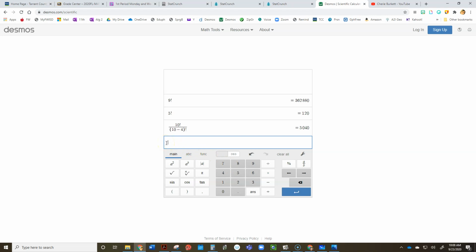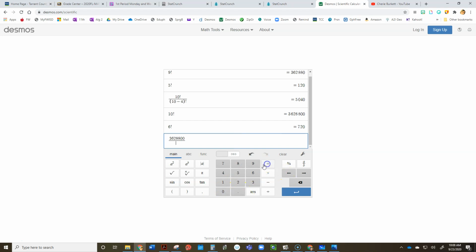Or if you wanted to see what 10 factorial is, there's that answer. And then you see what 6 factorial is. If you take 3,628,800 and divide it by 720, you get the same answer.